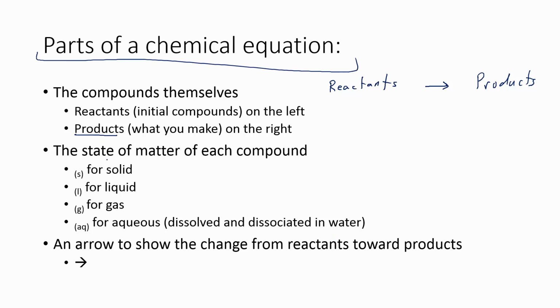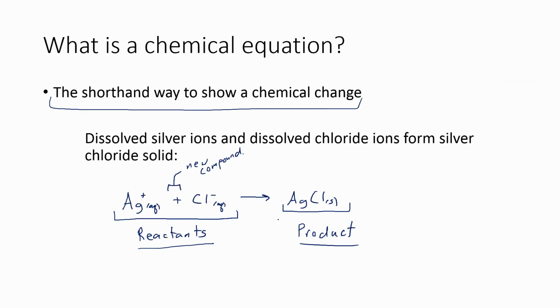And then we're going to want to give the state of matter for each compound if we know it. Sometimes we leave it out if it's not critical to understanding what we're talking about, but we do this in parentheses, a single letter or two letters, as a subscript. S for solid, L for liquid, G for gas, and aq for aqueous, which means that it's dissolved as dissociated ions of that substance in water.